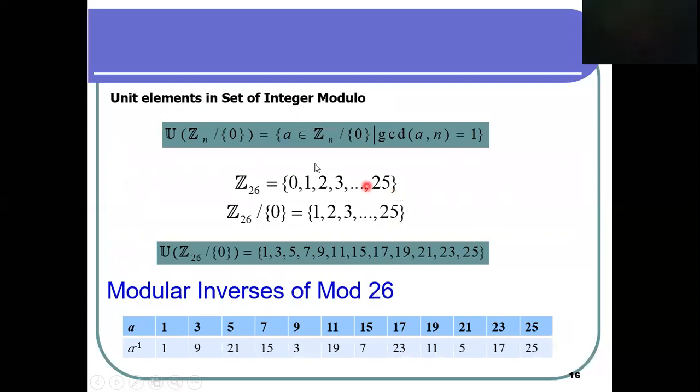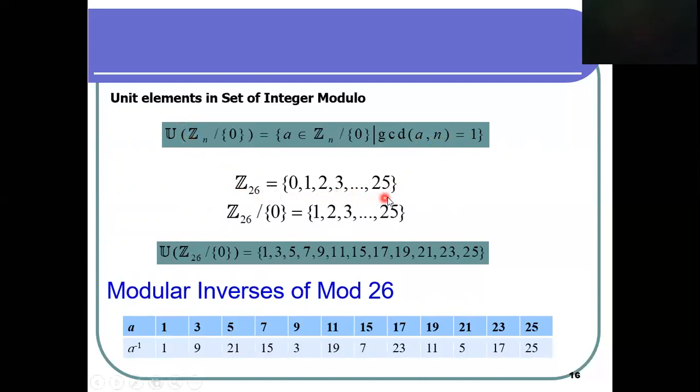So dear student, a unit element of integer modulo n is any element of Zn, except 0, whose GCD with n is 1. In that case, we can say these are unit elements. And by the way, unit elements are all those elements whose inverse under modulo Zn exists.